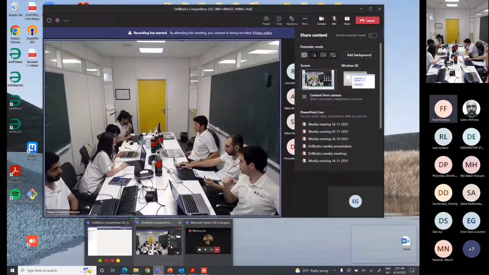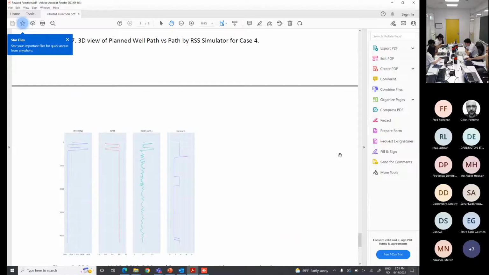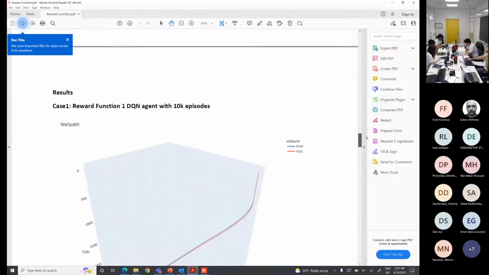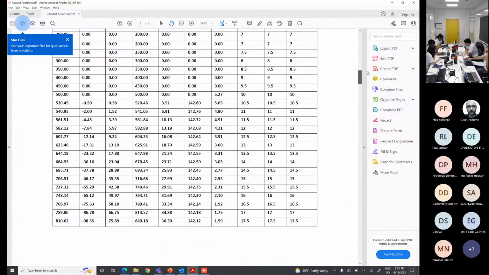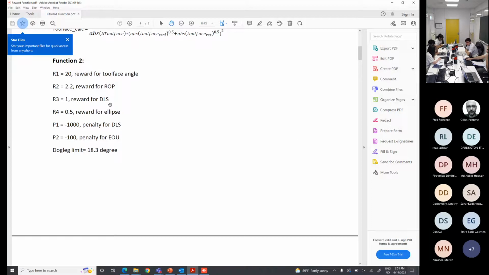What components do you use to calculate the cost or reward? Yeah, actually, for my case, I can show from here. What I use: I use the tool face angle.